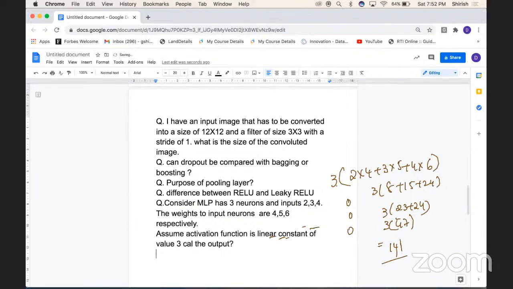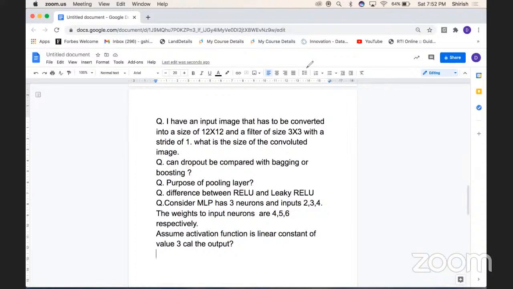Okay. Now, usually we are talking about this convolution layer, right? Can it perform various types of pre-processing, friends?